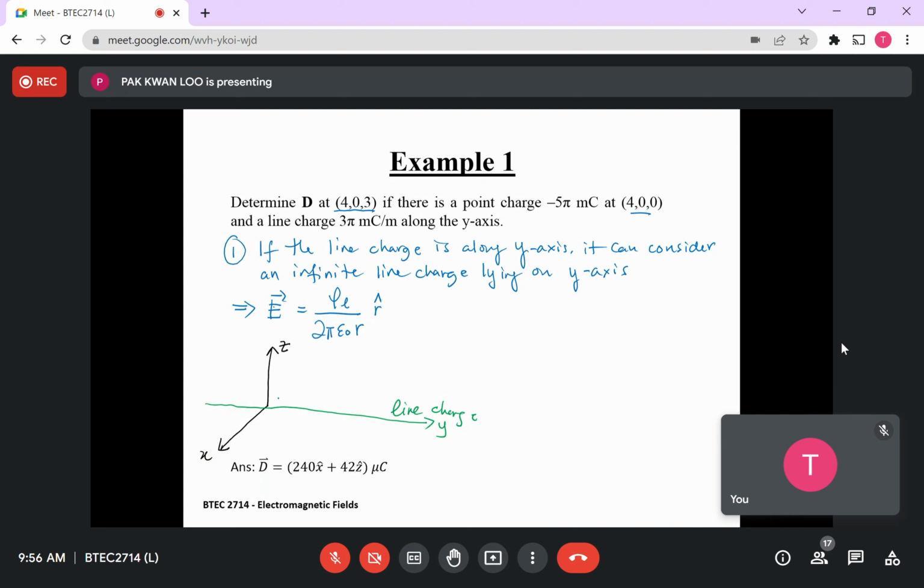Because it's perpendicular, it is always in the x and z plane.